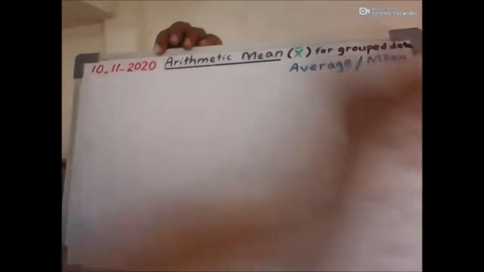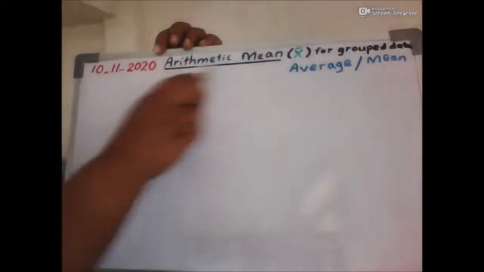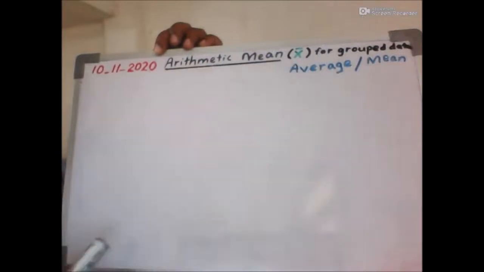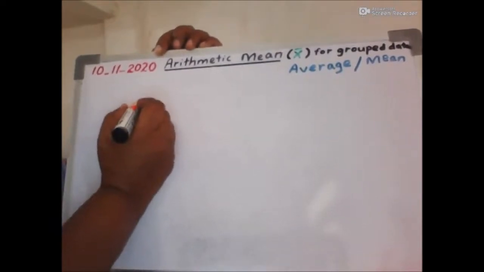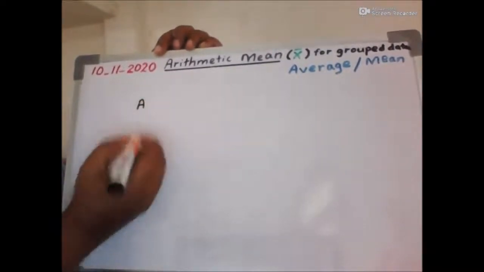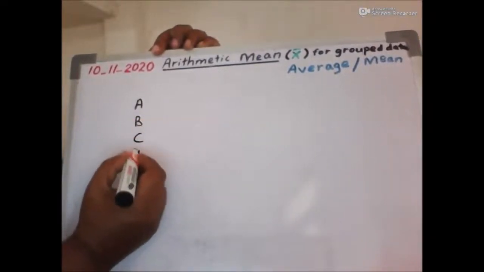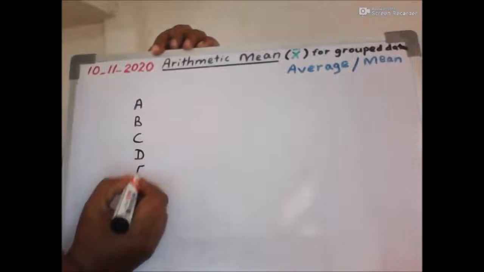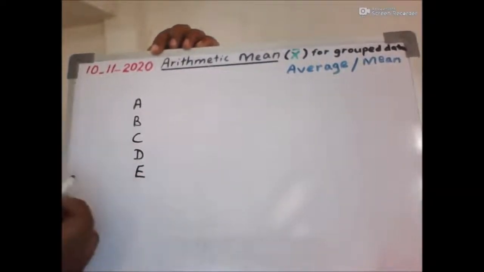Now, in day-to-day life, we know the arithmetic mean or the average, the mean value. For example, we can give a test to a group of students, right? Amali, Bimali, Simali, Dimali, Emali, right?